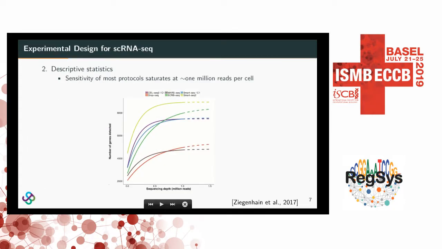And the second category of methods use descriptive statistics. This paper used the sensitivity and just varied the sequencing depth to see where it saturates. The sensitivity is defined by the number of genes detected. So we see by this criterion, we will have saturation at about 1 million reads per cell.